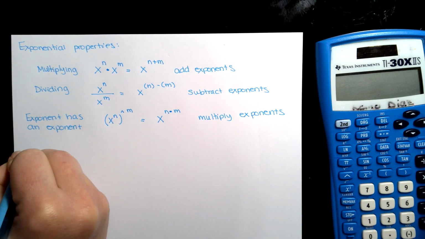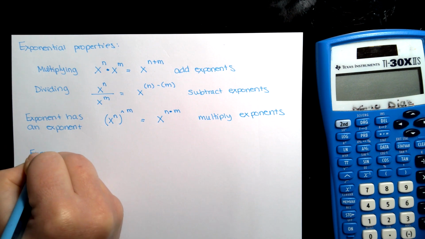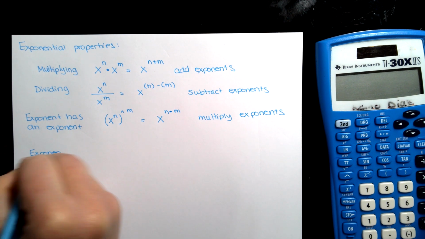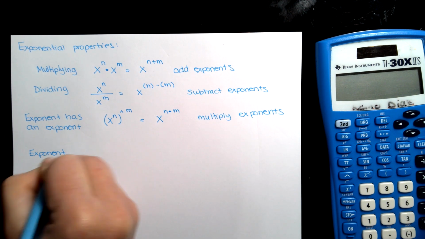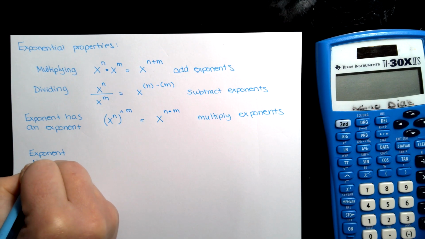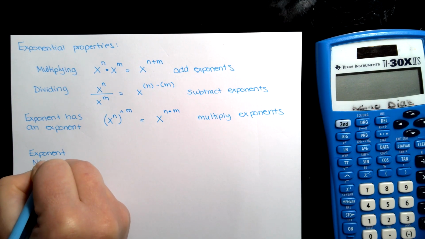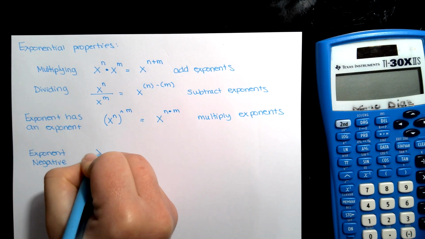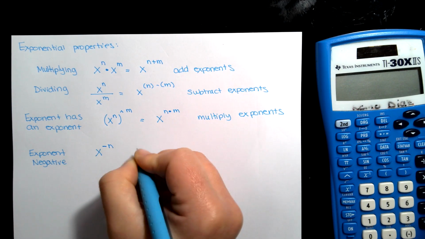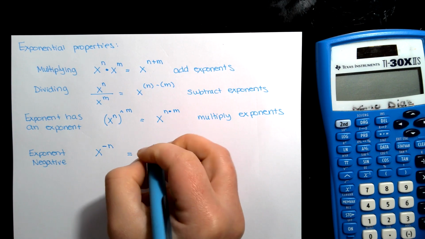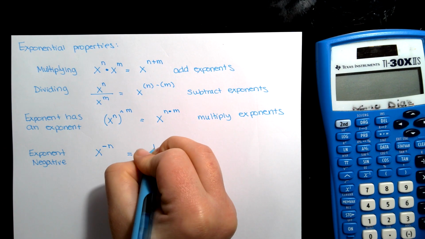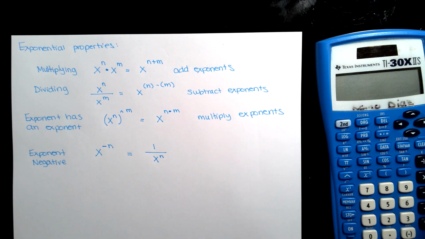If your exponent is negative, we already talked about this. So let's say we have x to the negative nth power. You're going to take the reciprocal of the base.